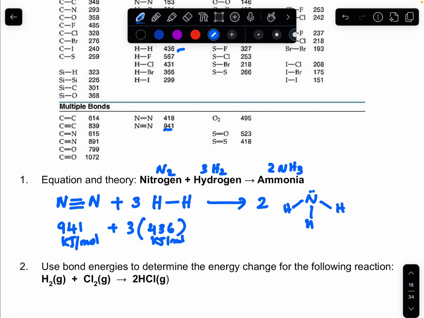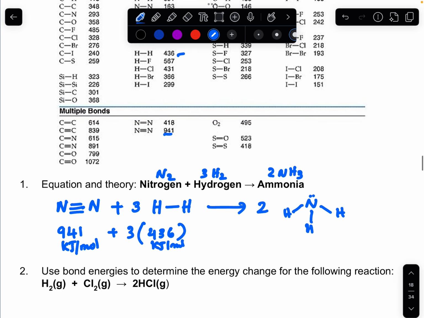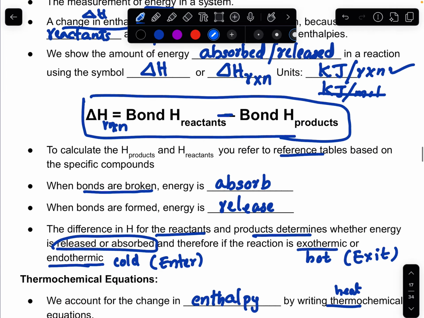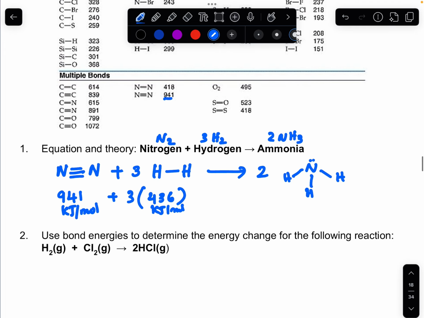Now to find the answer, this is the equation, right? Reactants minus products. If you want to write that here, delta H, we use a different color. Delta H is equal to the bond enthalpy of reactants minus the bond enthalpy of products. Now we are subtracting.